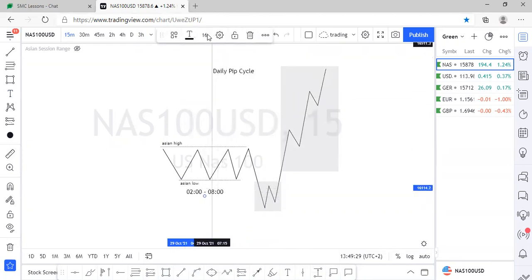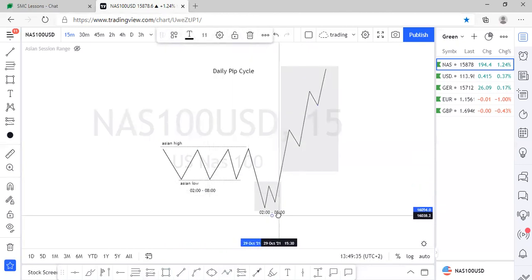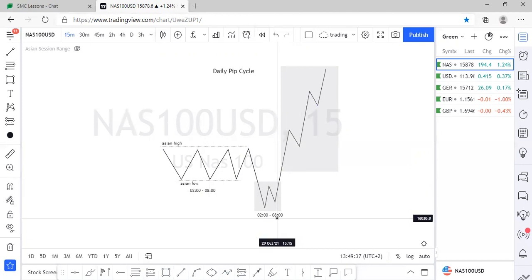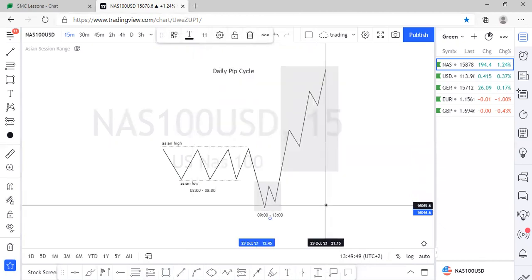You get a point. So what time does the manipulation happen? The manipulation happens between 9 o'clock a.m. up until 13 o'clock p.m., like I said, SA time.